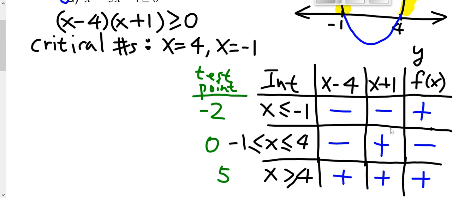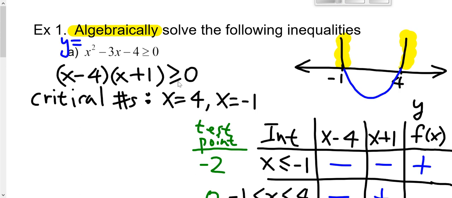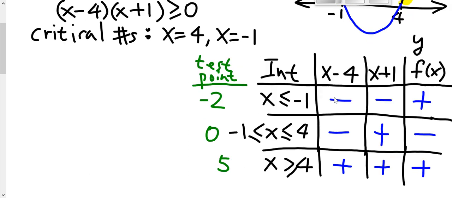Now, what do I do with this chart here? If you look at this, what are we talking about? We want a y value, or we want a function that is greater than or equal to 0. So that means we are looking for something positive. Now look at this last column.